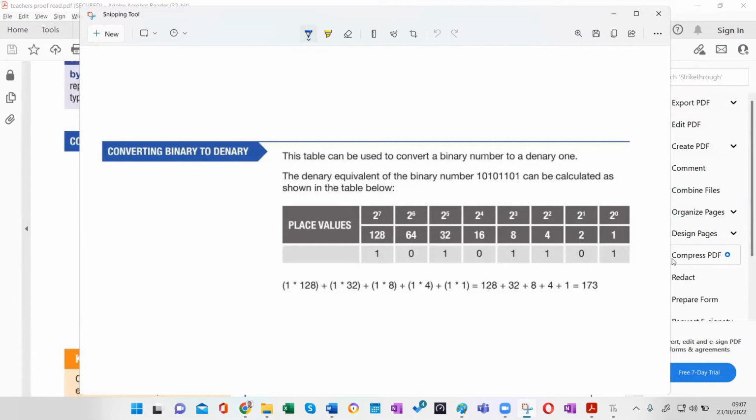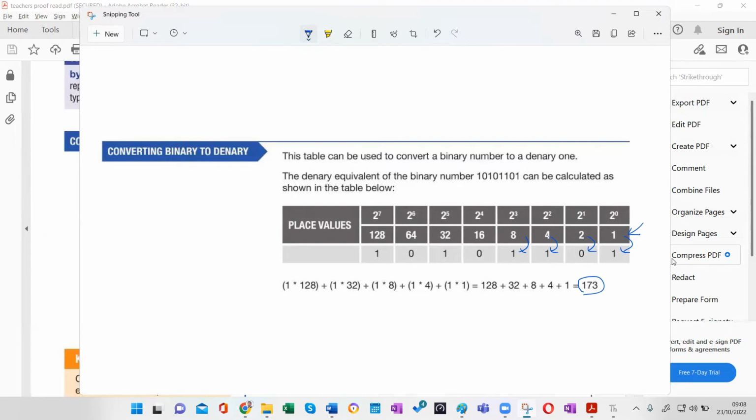And in fact, that's supposed to be 173 in denary. Now let's see how we calculate it. Simple, right? We take the place values of binary and go on multiplying each binary digit by the place value.